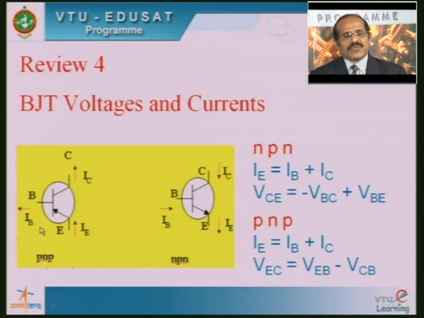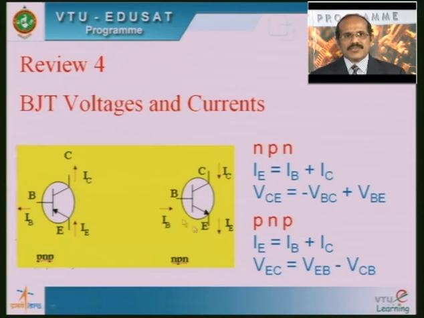Always note that this arrow is towards the N layer. In this PNP transistor, the emitter is P, the base is N and the collector is P. Therefore the emitter current is from the emitter to base, that is towards the N region.